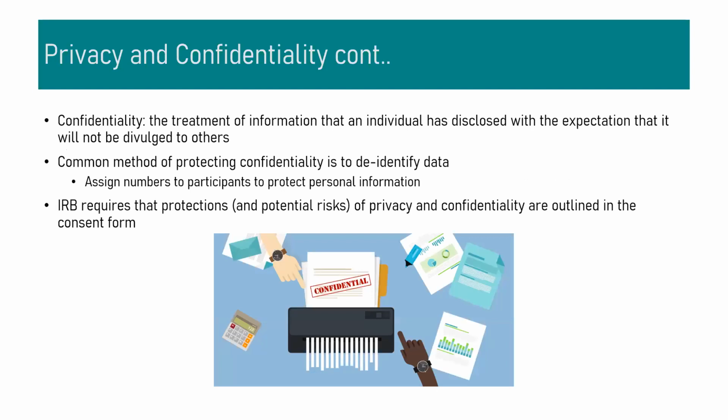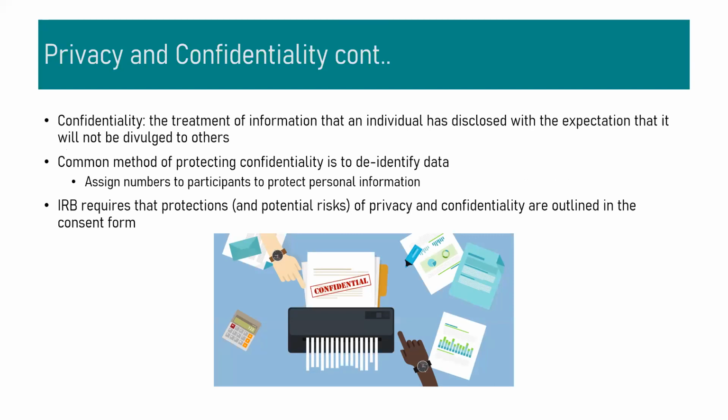And confidentiality is similar, except it's more about the researcher protecting the information that the participants have disclosed. Confidentiality, on the other hand, is defined as the treatment of information that an individual has disclosed with the expectation that it will not be divulged to others.